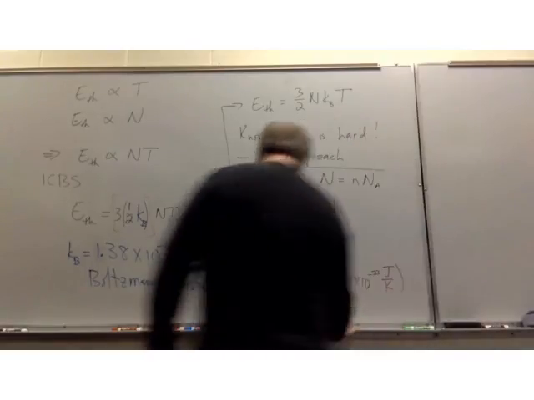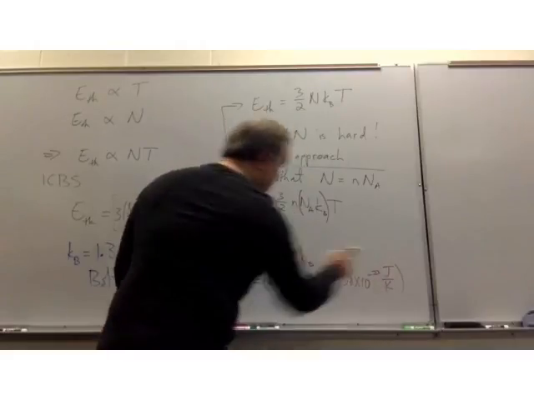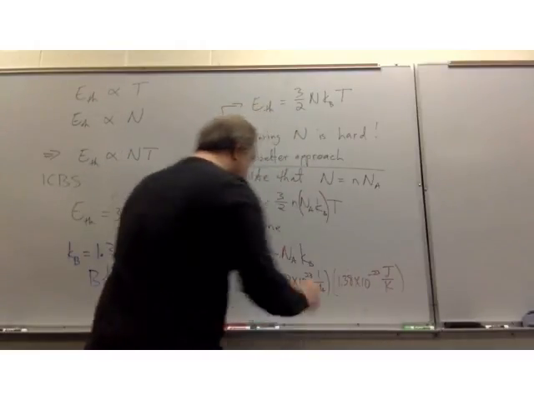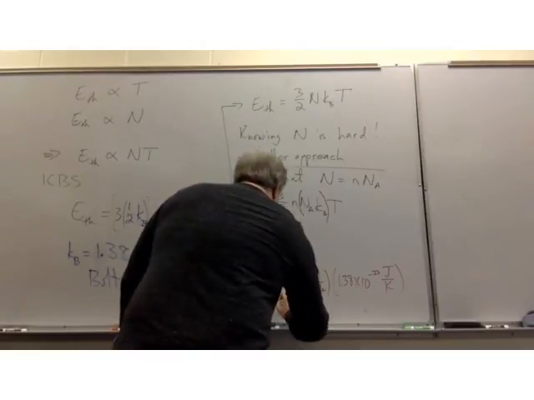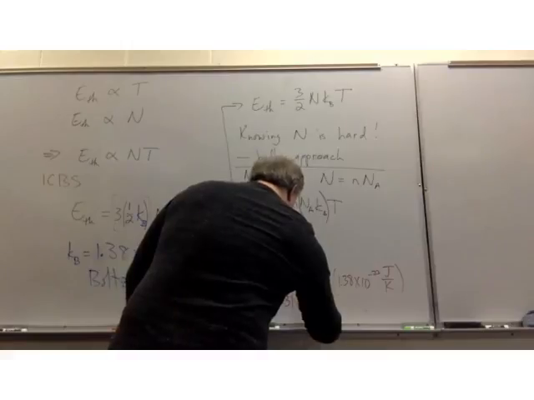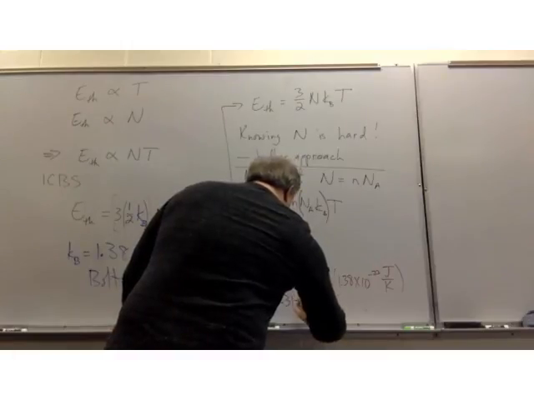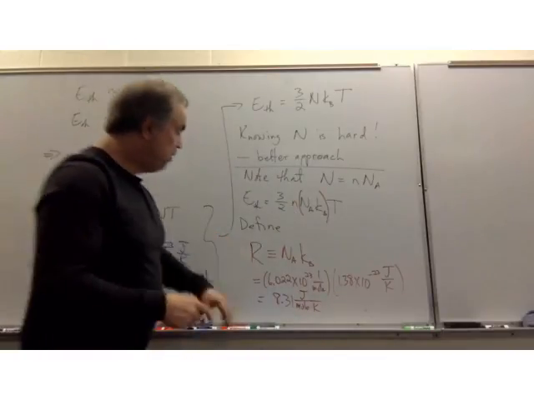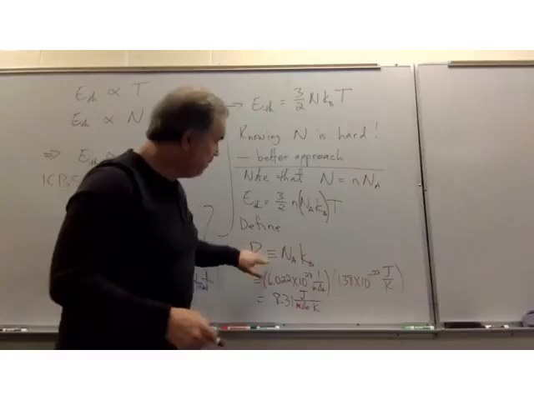So the 10 to the 23 and the 10 to the minus 23 cancel out, you just have 6.02 times 1.38, and you come up with 8.31, and you work out the units, and we have joules over mole Kelvin. And so I can replace this thing here with just R.